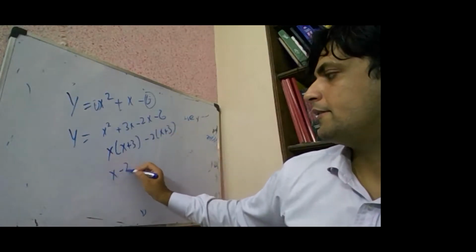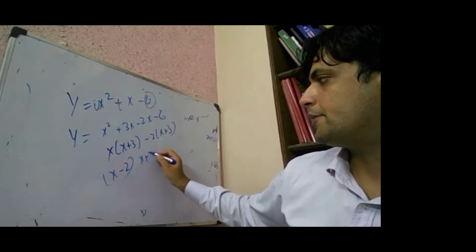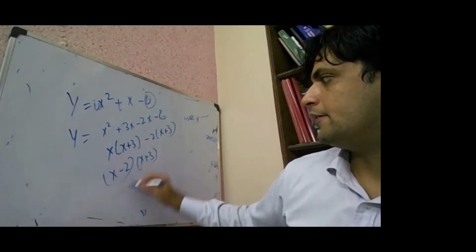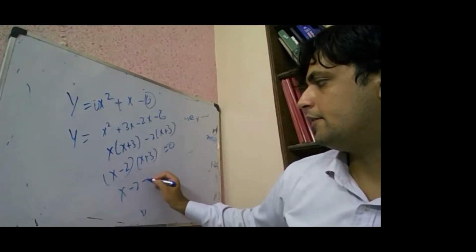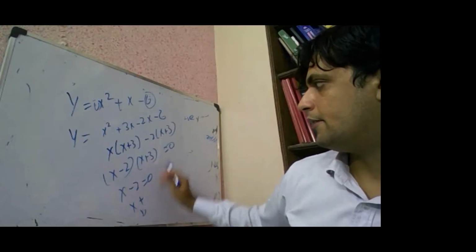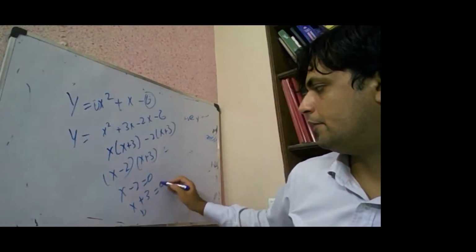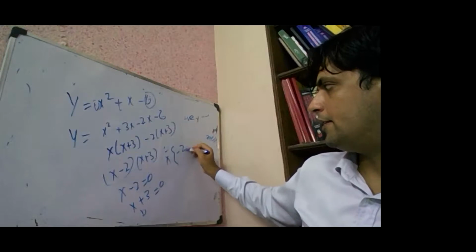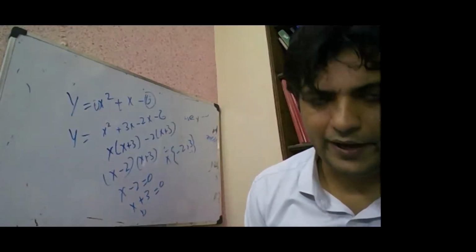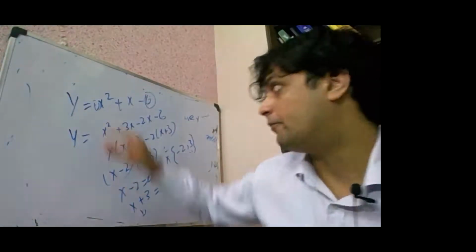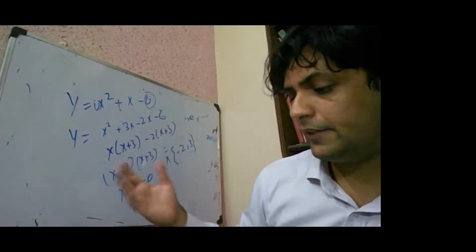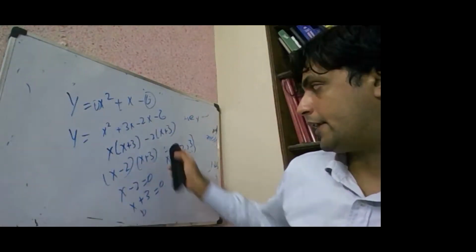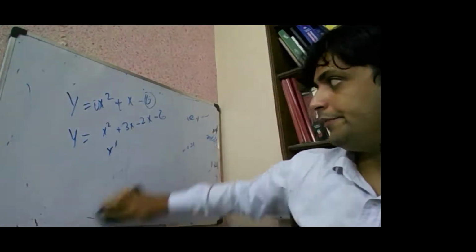So x minus 2 and x plus 3, right? So equals 0. So x minus 2 equals 0, and x plus 3 equals 0. So x can be 2 and minus 3. So we can define x under this phenomenon from this equation. For this function, we can find the roots of x.